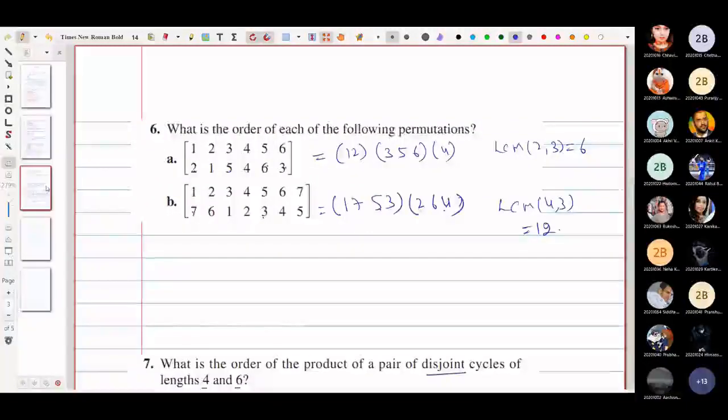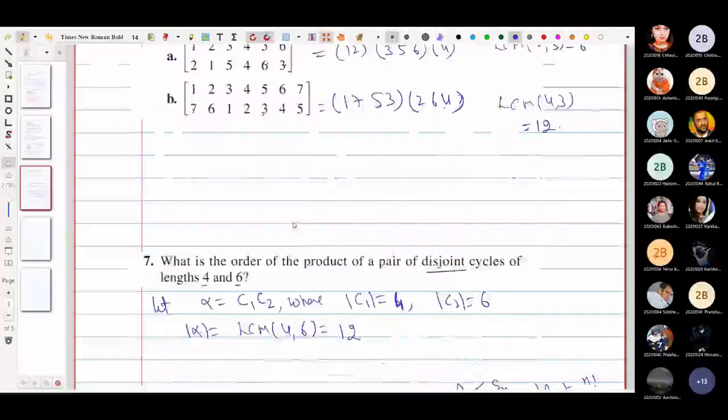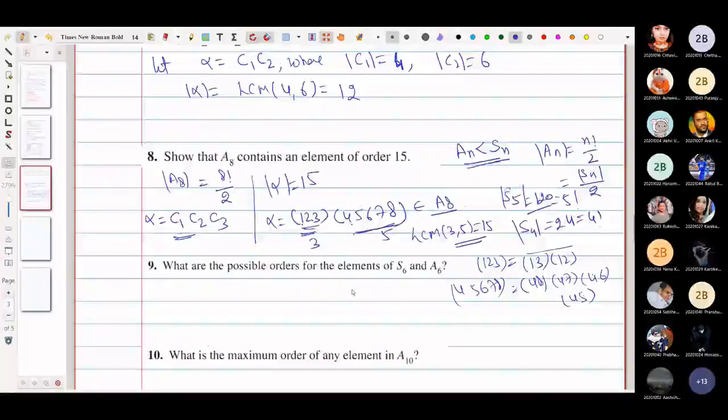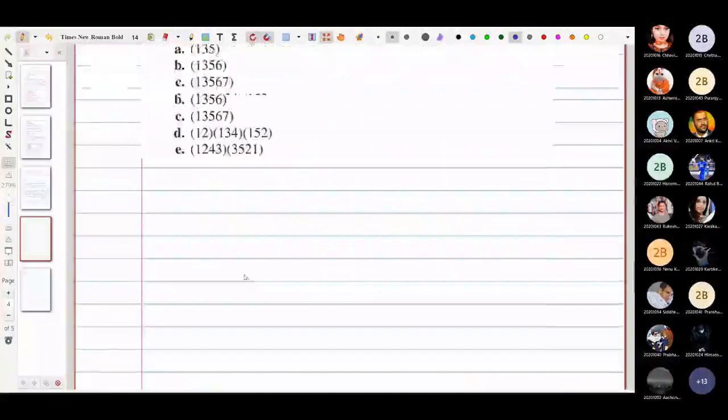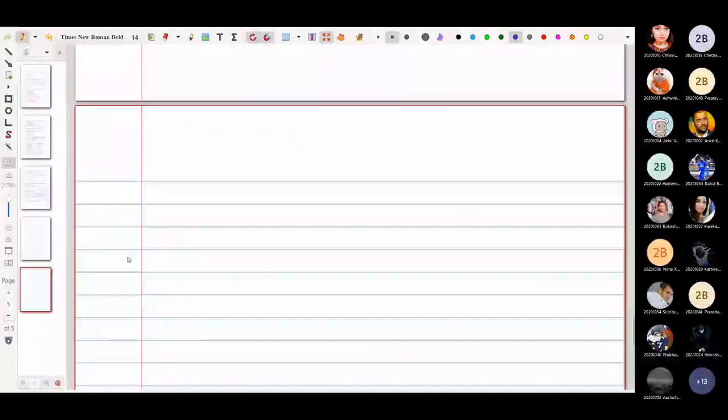We are going to take up the 9th question. We need to talk about S6 and A6, and A6 is a subgroup of S6.